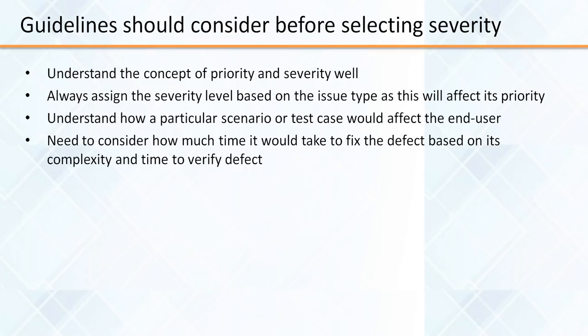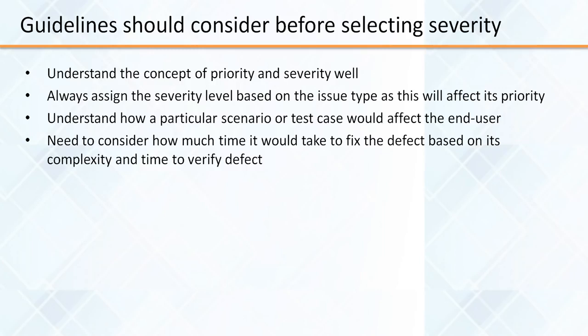Consider how much time it would take to fix the defect, based upon its complexity, and the time to verify the defect. So whenever you give severity to a defect, you need to follow certain guidelines. We need to keep in mind how complex it is and how much time it will take. All these things need to be considered, and then you give the severity to the defect.